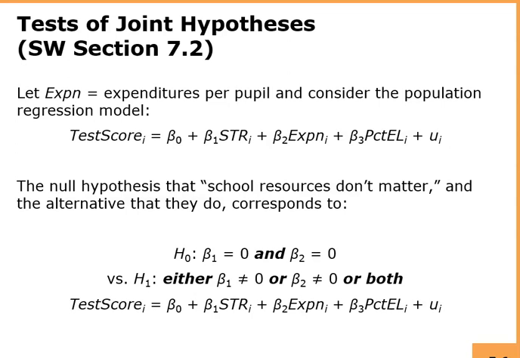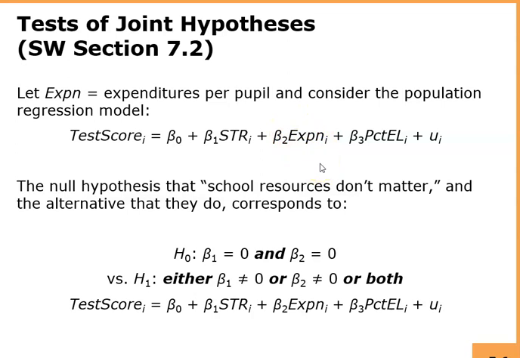So let's take a look at this equation over here. The dependent variable remains the same, which is test score. The first regressor is the same, student-teacher ratio, and the third one is also the same, percentage of English learners. We have added this third regressor over here, which is the expenditures per pupil.